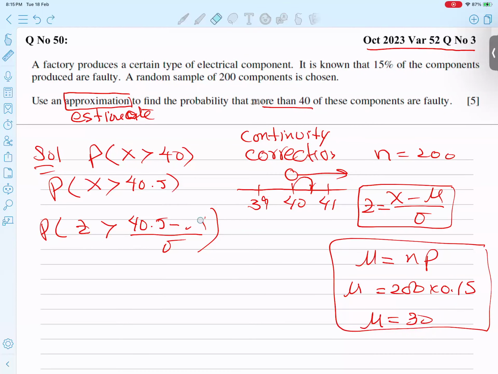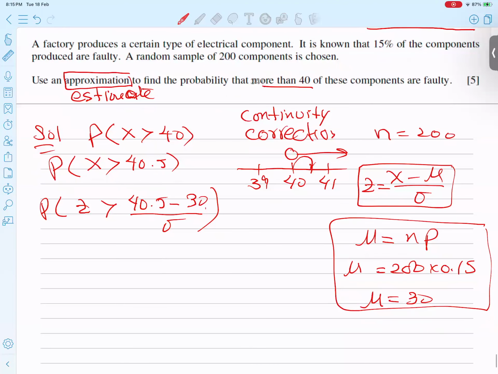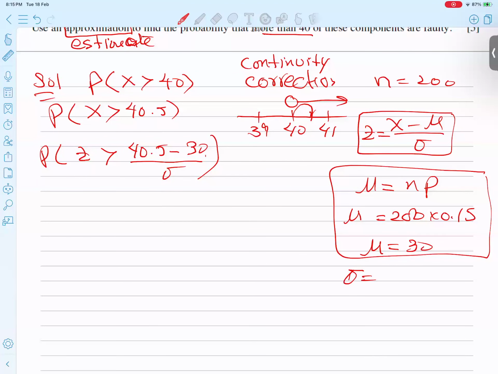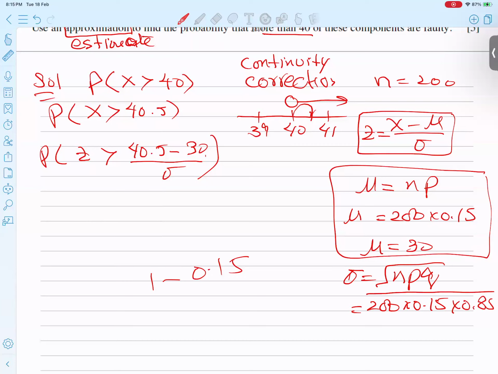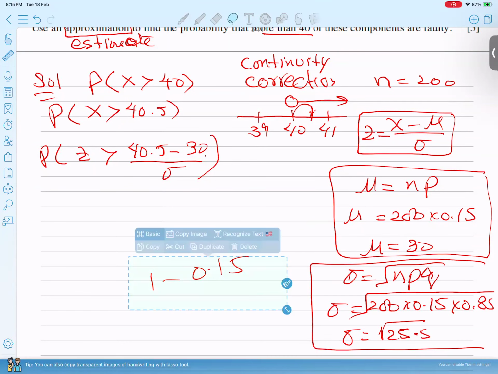So this part is very clear. What is left behind, students? Deviation is left behind. What is the deviation formula? Root of NPQ. N is 200, P is 0.15, and Q is 1 minus 0.15, which turns out to be 0.85. When I find it, the deviation value is root of 25.5. Have a look now, students, how we can complete it.